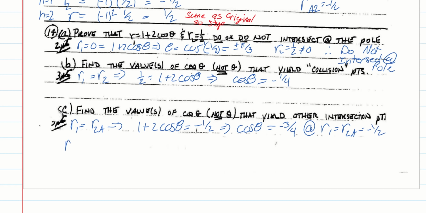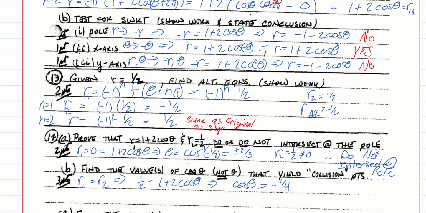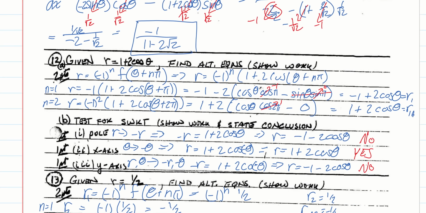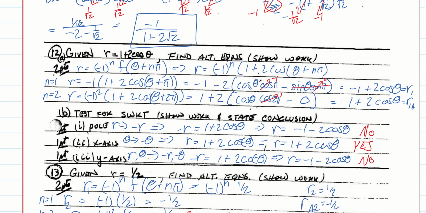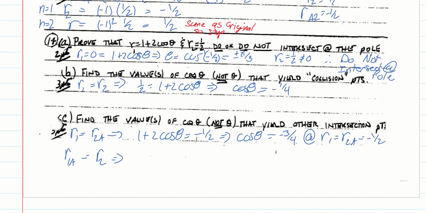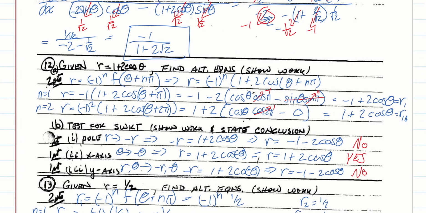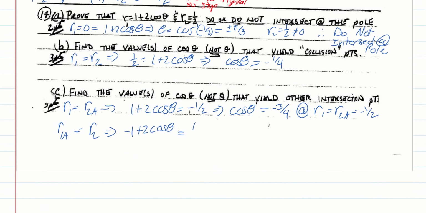Now we have R1A equal to R2. Whoops, I messed that up; that was the original. So R1A is -1 plus 2 cosine theta, equal to R2, which is 1/2.